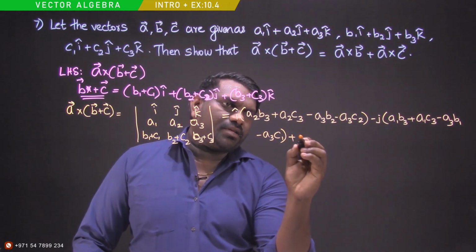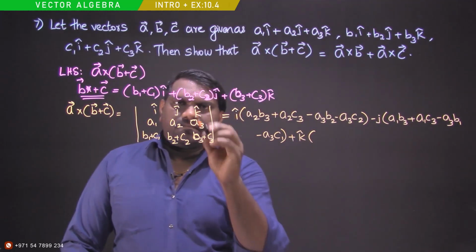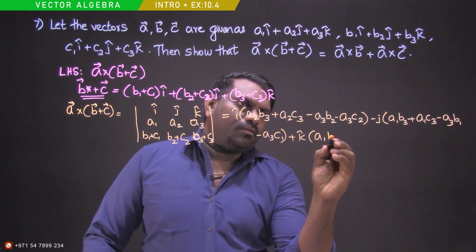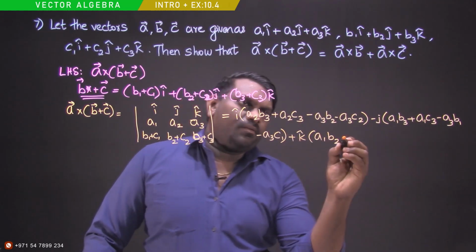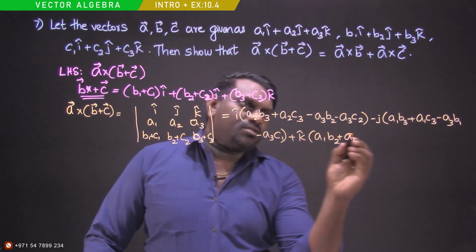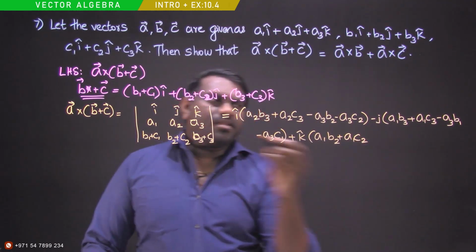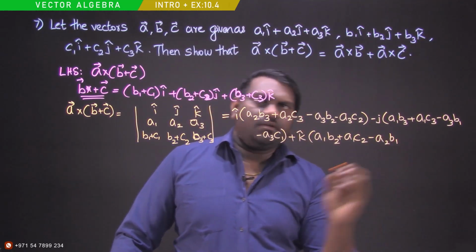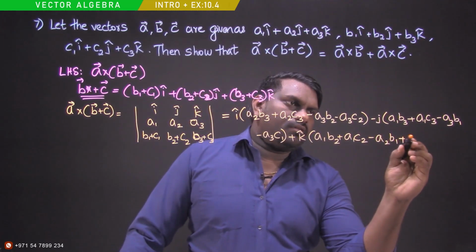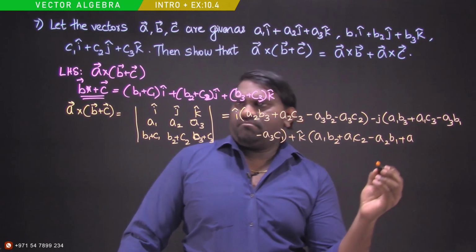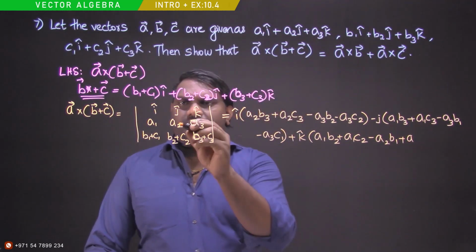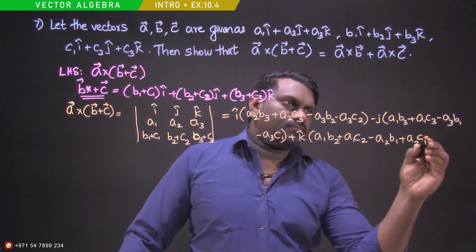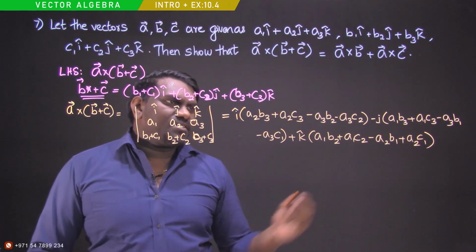So j is done. Plus k cap: A1 B2 plus A1 C2, minus A2 B1, minus A2 C1. Yeah, that's done. That's perfect.